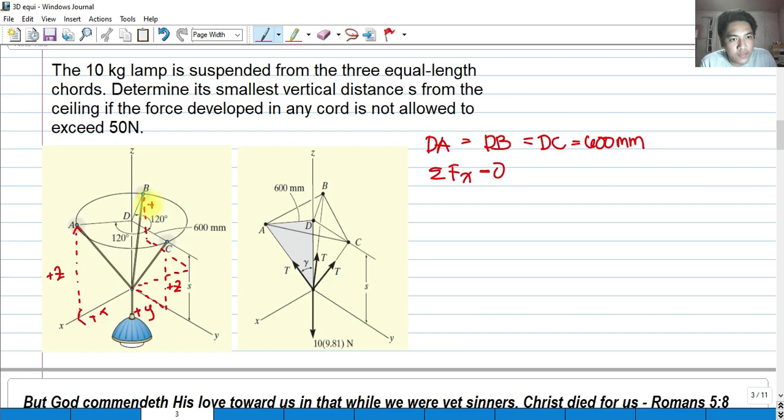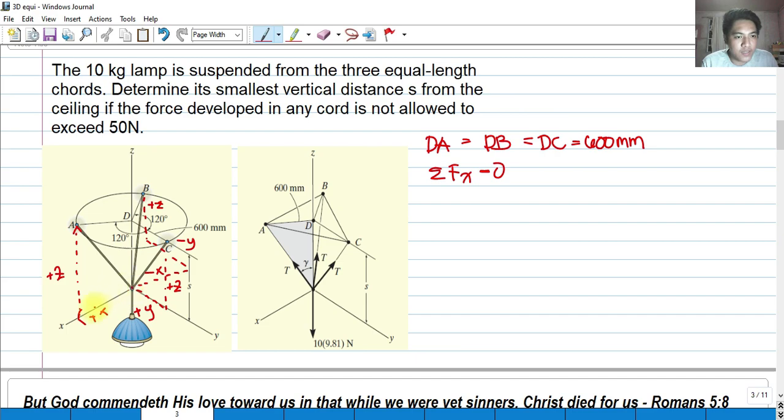So it's positive Z. So the tension B lies on the XYZ plane. Now this one is negative X, and this one, since it's going to the left of the Y, is negative 1. So if we sum all the forces along X, since they are all of equal length, their forces are all the same.